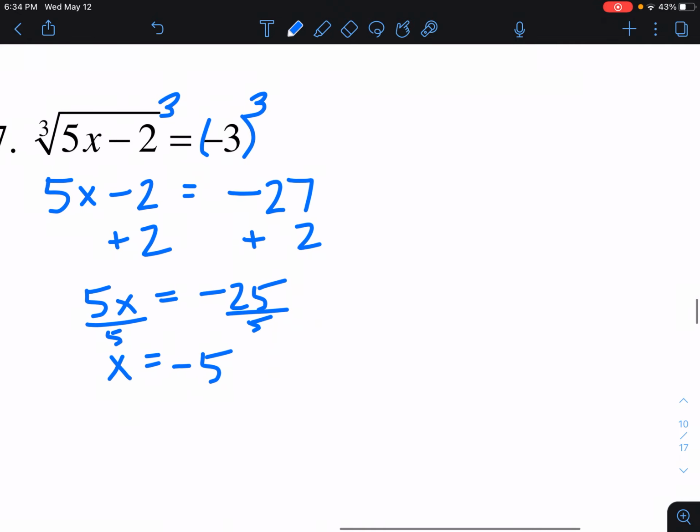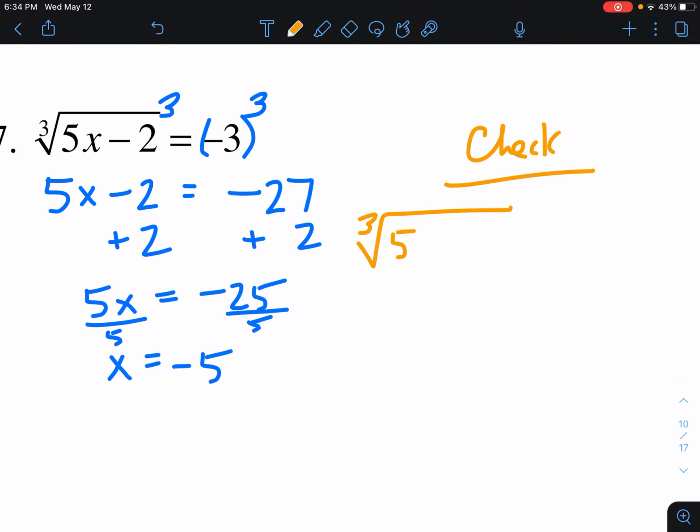Now we're going to check that. So 5 times negative 5 is negative 25.